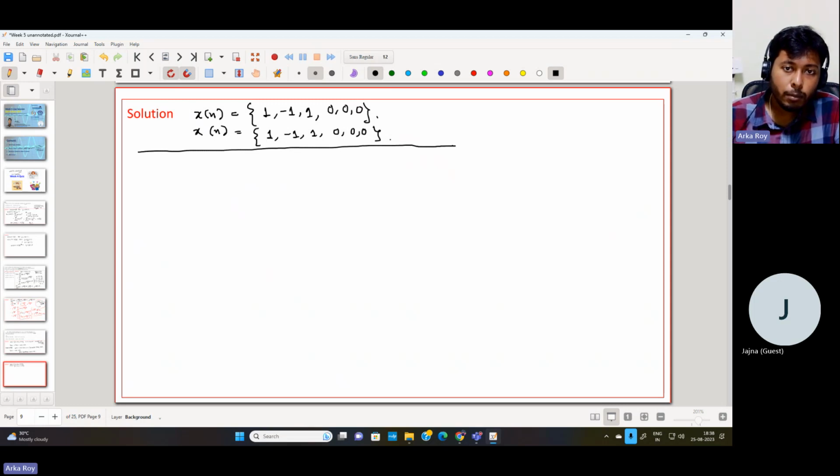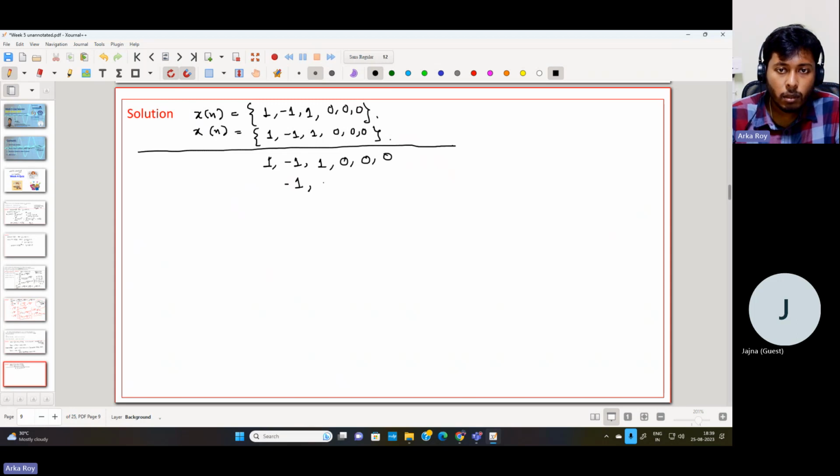So we'll multiply each of the elements with the subsequent signal. So this element will be multiplied with all the elements present in the subsequent signal. So this will be 1, then -1, then 1, then 0, then 0. Okay. Then -1 will be multiplied with each of the elements in the subsequent signal.